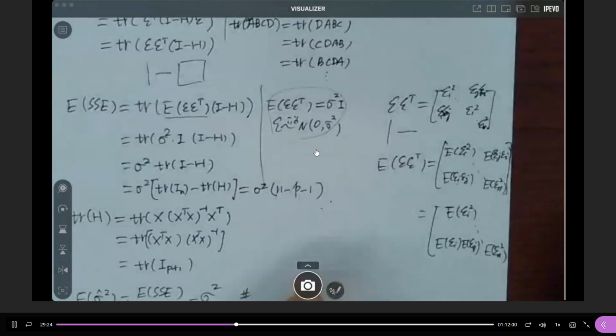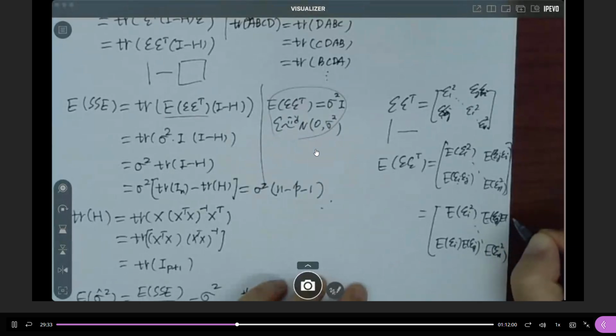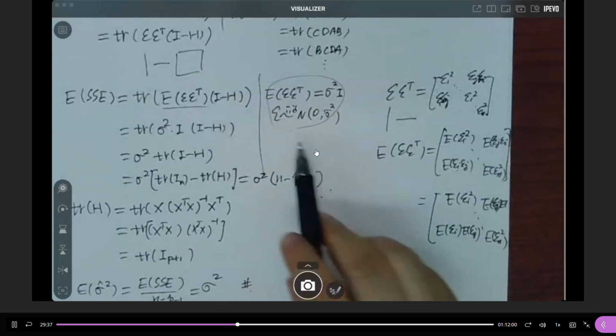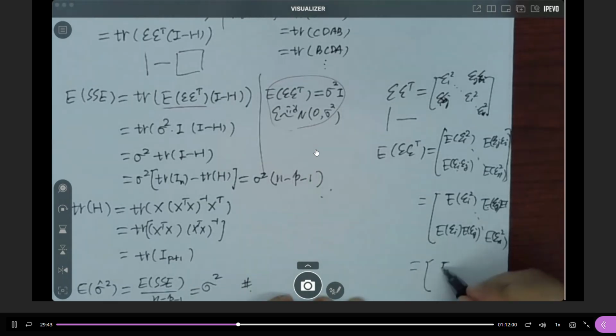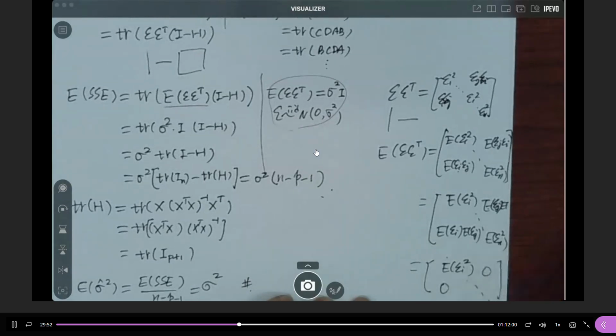For two independent variables, E of AB equals EA times EB. And similar thing here, this will be E of epsilon j, E of epsilon i. Then you plug in that the E of each epsilon is 0. So you basically have on the diagonal E of epsilon i squared. On the diagonal. Off diagonal, you have 0.